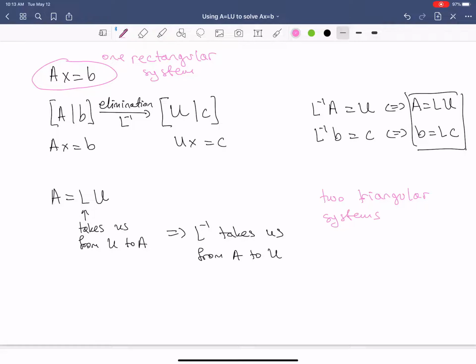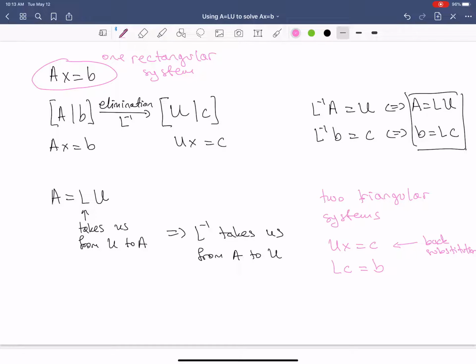Those two triangular systems are UX equals C and LC equals B. U is upper triangular, L is lower triangular. UX equals C is back substitution, while LC equals B comes from forward elimination.